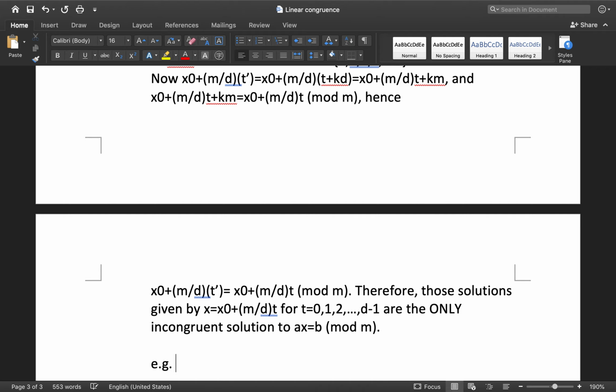For example, now consider 3x equal to 6 modulo 9.